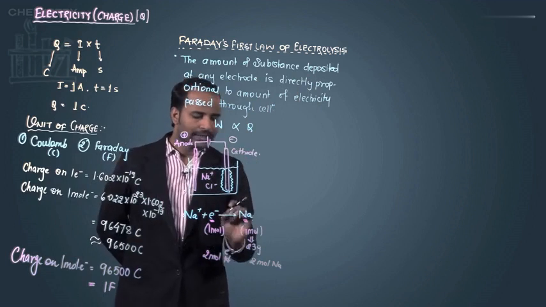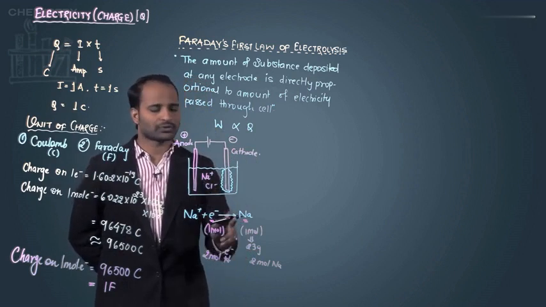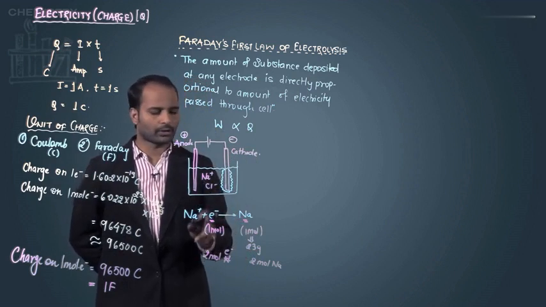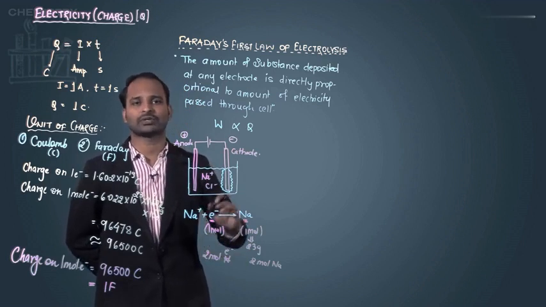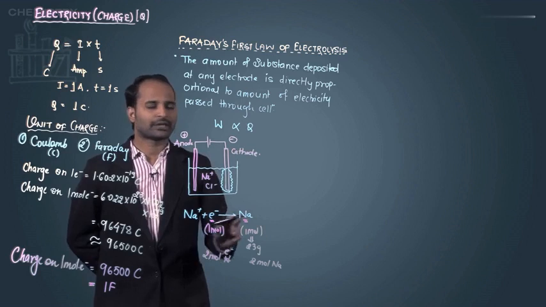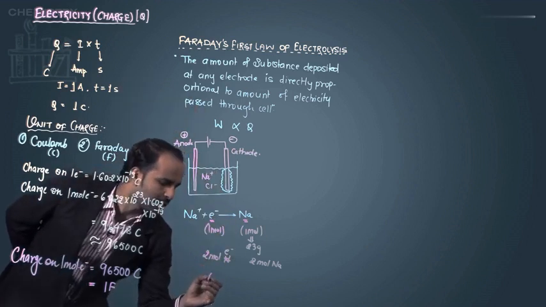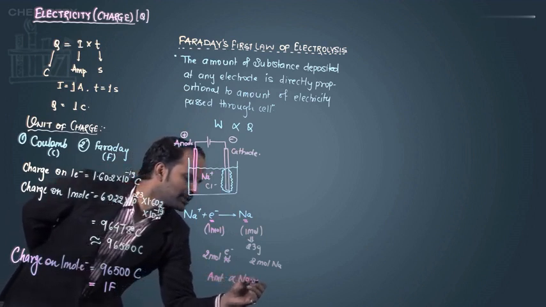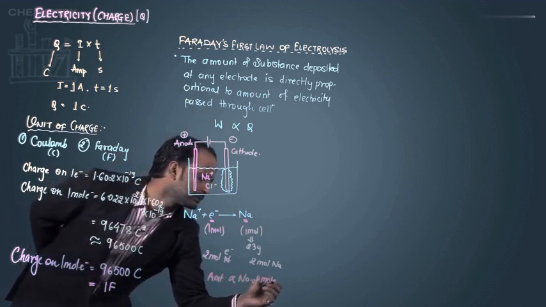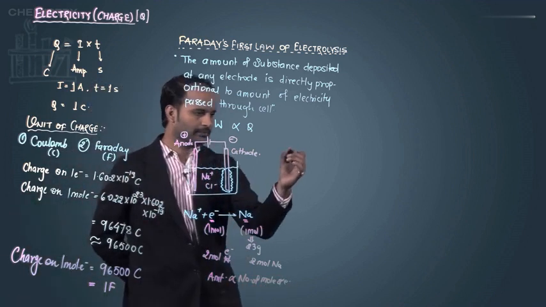So the number of moles of sodium deposited depends upon how many electrons are passed. If 5 moles of electrons are passed, then 5 moles of sodium will deposit. So the amount is directly proportional to the number of moles of electrons, that is, how much electron is passed.